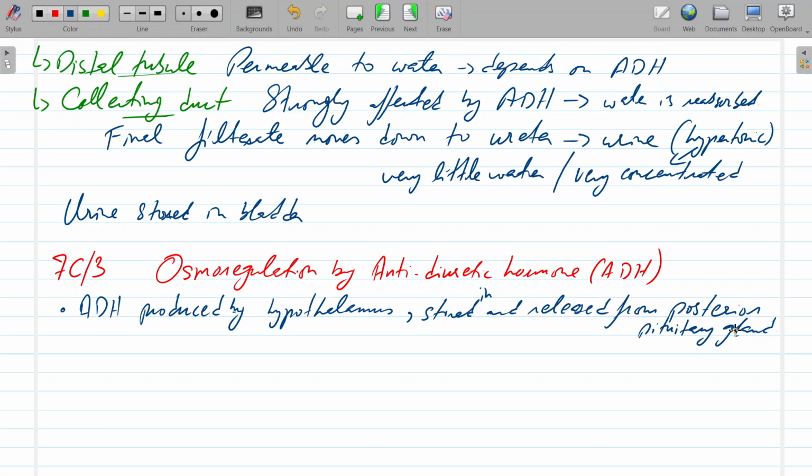Alright, so it is released into the blood, obviously. It's a hormone, so the endocrine system. It increases the permeability of the distal tubule and the collecting duct to water.